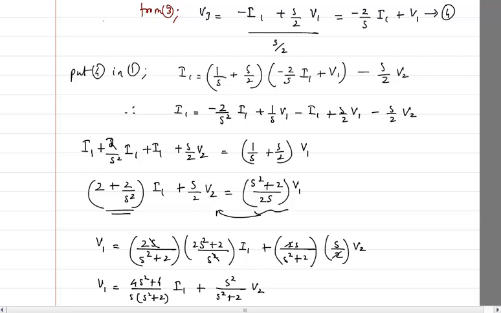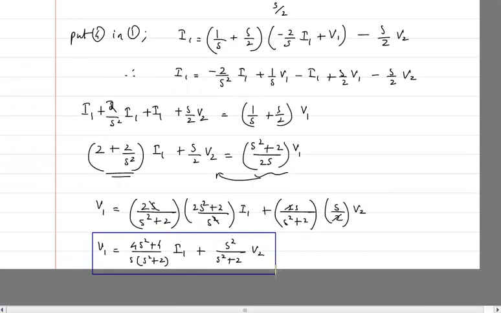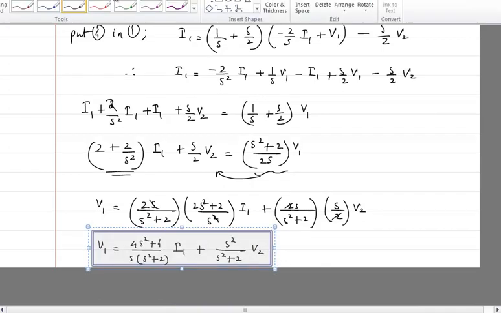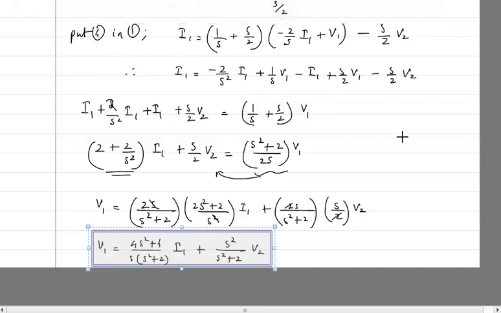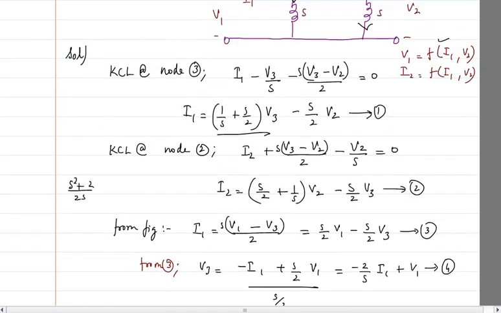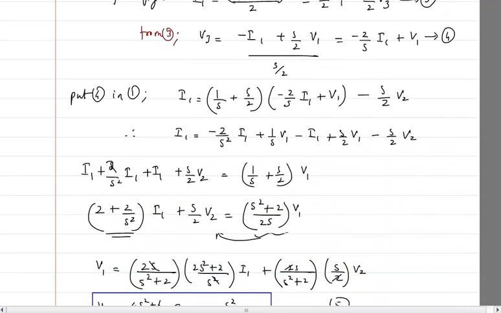So this equation I will put in the box. This is not my first equation, sorry, it is the fifth equation. So the first equation of H parameter is done, V1 with respect to I1 and V2.